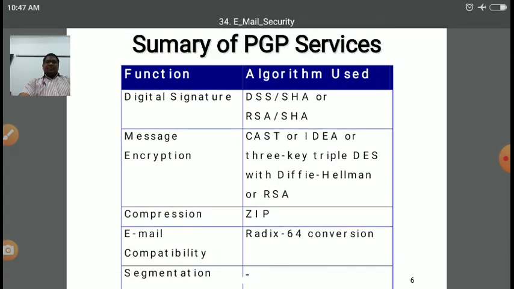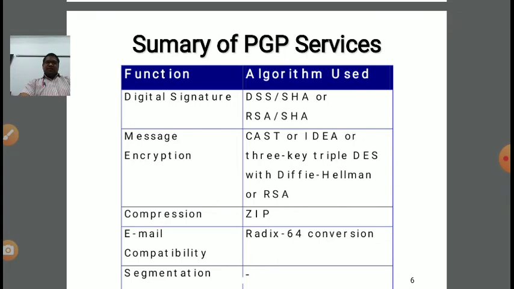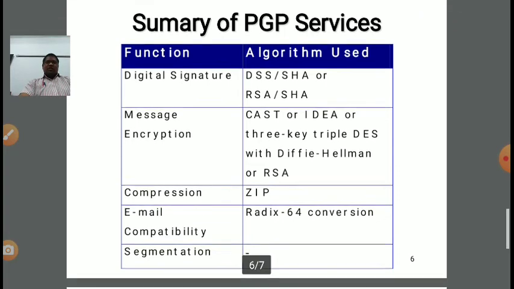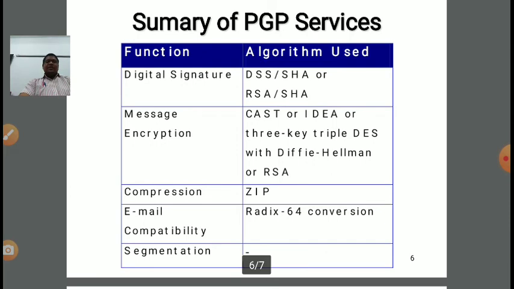Now, whatever we have done, we are summarizing. In PGP, various types of services are available, and I have listed all these services in a table. The first function is digital signature. All of you know that digital signature is very important to reduce non-repudiation attacks. It ensures the integrity of the message, restricting modification of the message, and it can also be used for authentication.